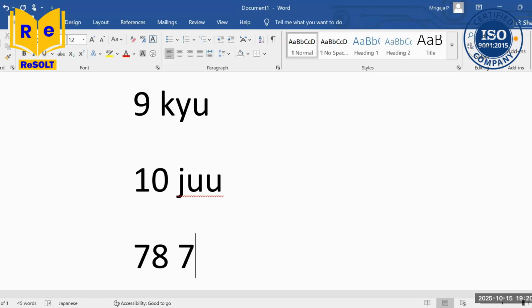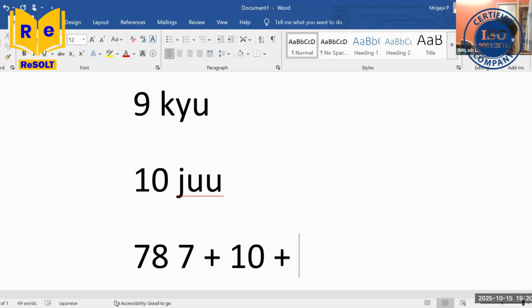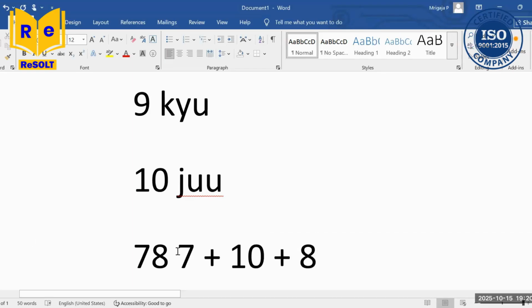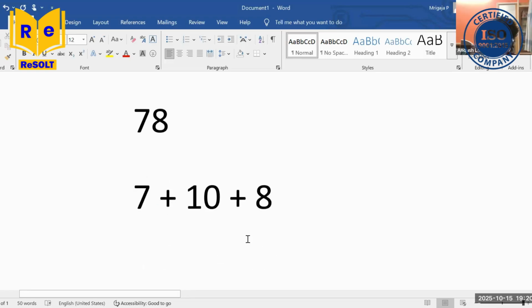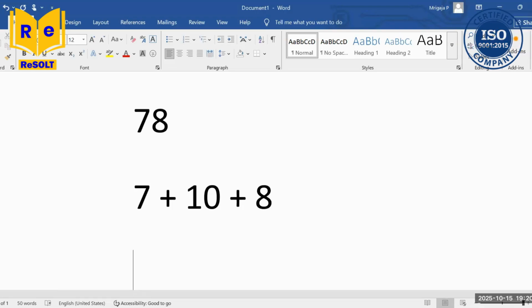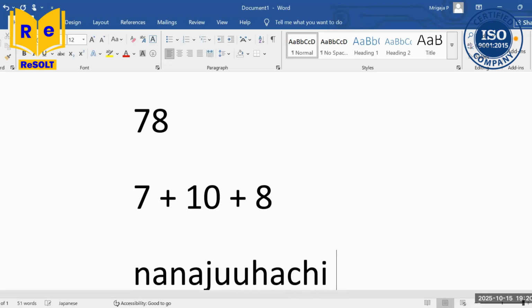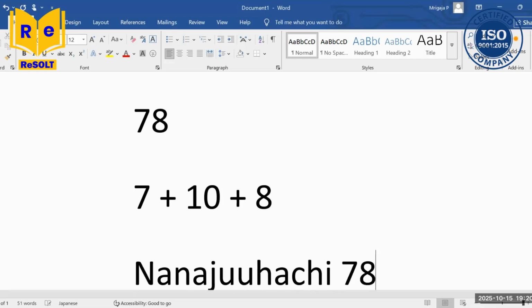So you have to do 7 plus 10 and then plus 8. I think it will be "nana ju hachi." Yes, exactly. 7, 10 for "ju," and then 8 is "hachi." So together, "nana ju hachi" is 78.